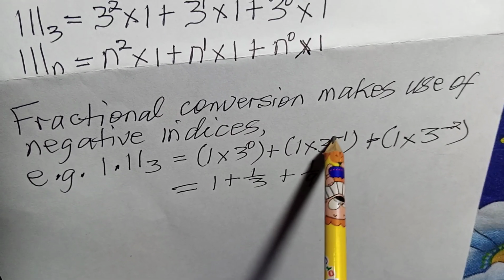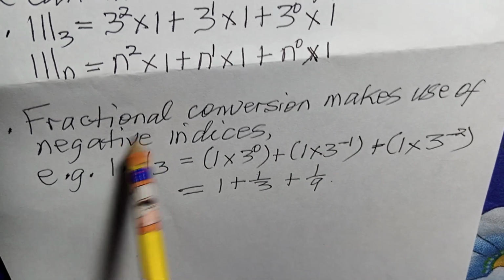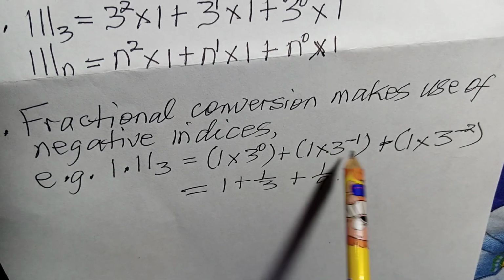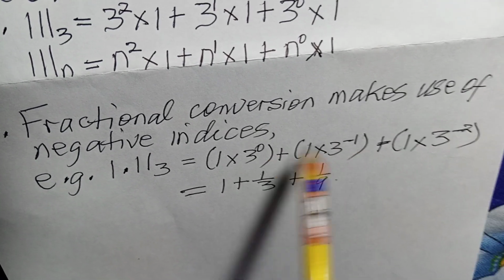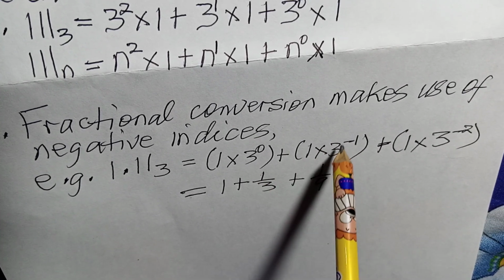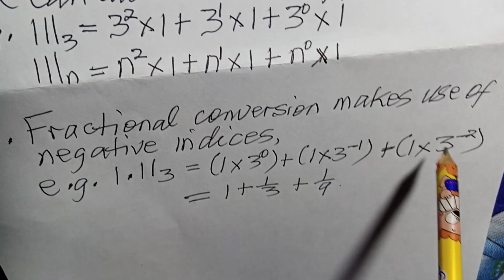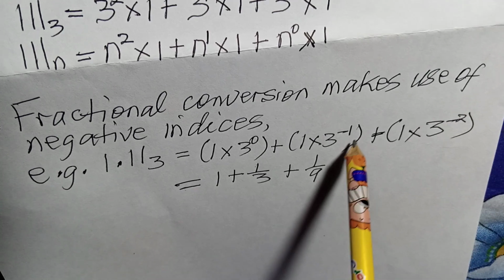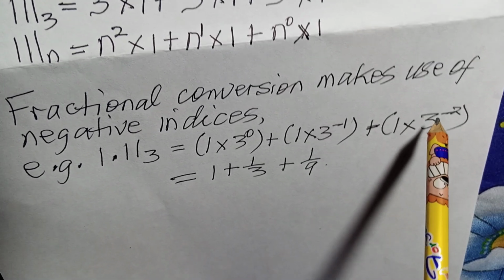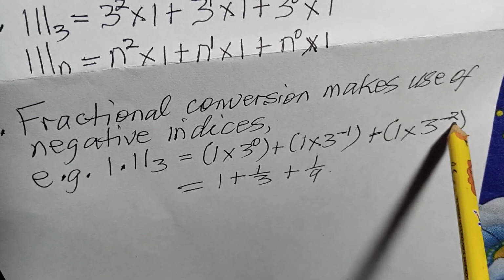Any power minus 1 means you have to create a fraction. That is why it's called fractional. This times this 1 is 1. It doesn't change anything. So this 3 becomes 1 over 3, because of the minus, not because of 1. Then this 3, because of the minus, also becomes 1 over 3 raised to power 2.